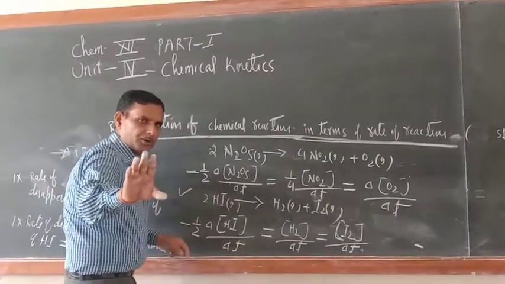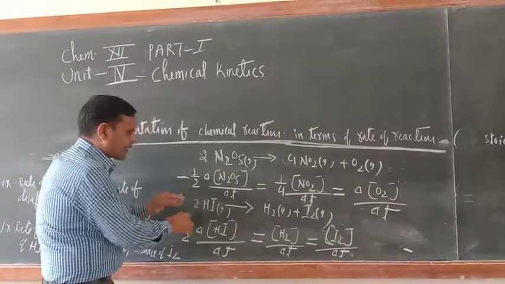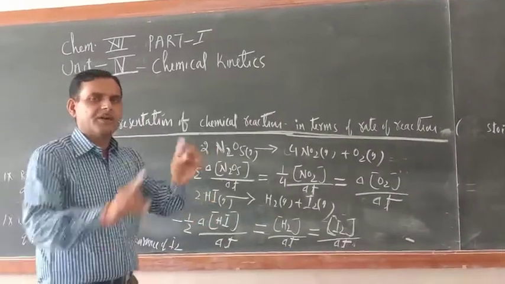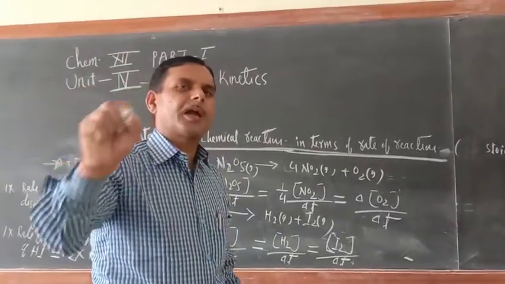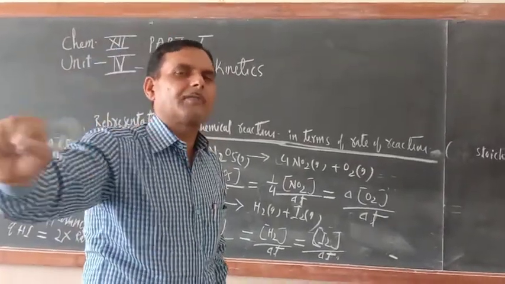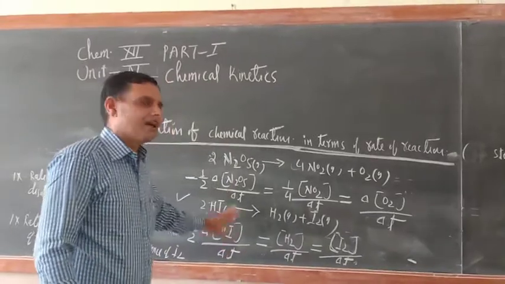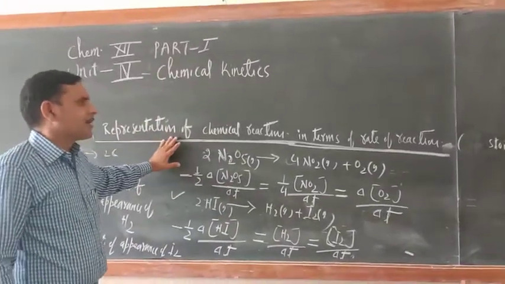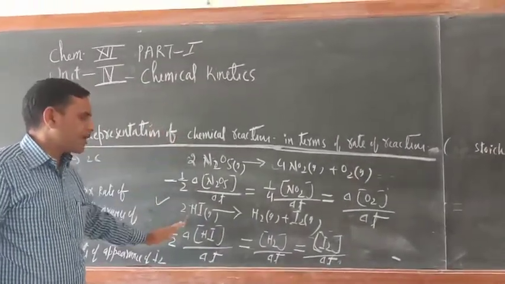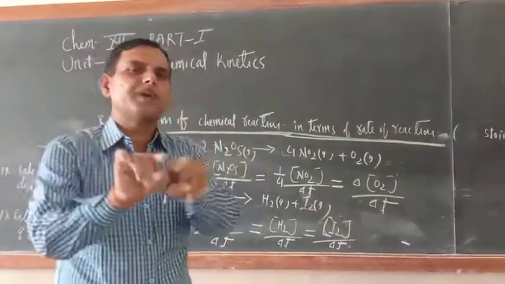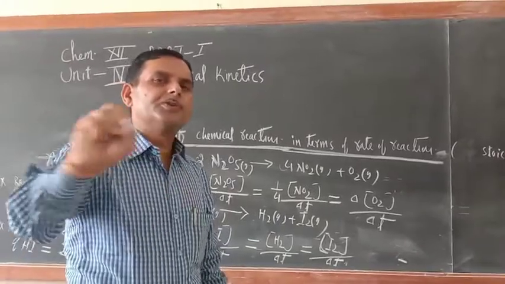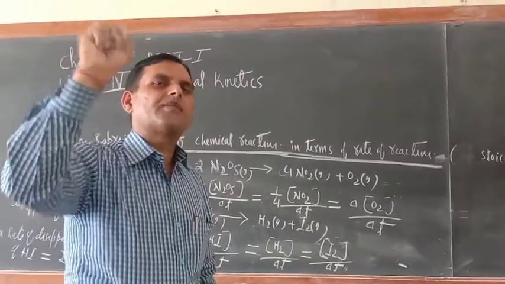So don't go very deep into this matter. The simple generalization: whatever stoichiometric coefficients are written, you should write 1 by that stoichiometric coefficient while representing the rate of reaction. Once again, whatever stoichiometric coefficients are written, write in terms of 1 by.